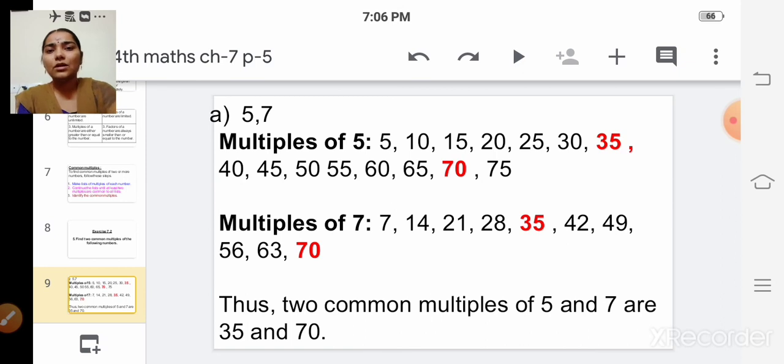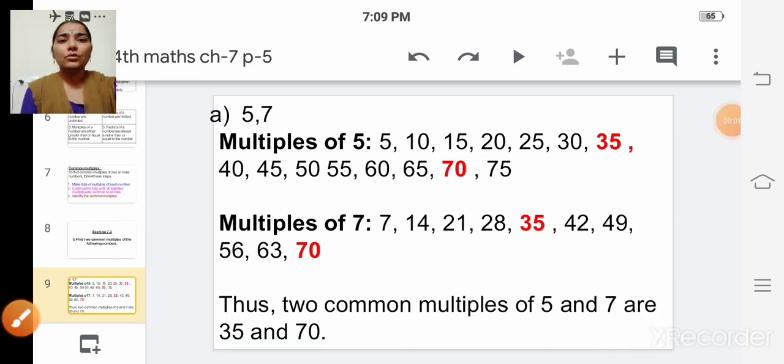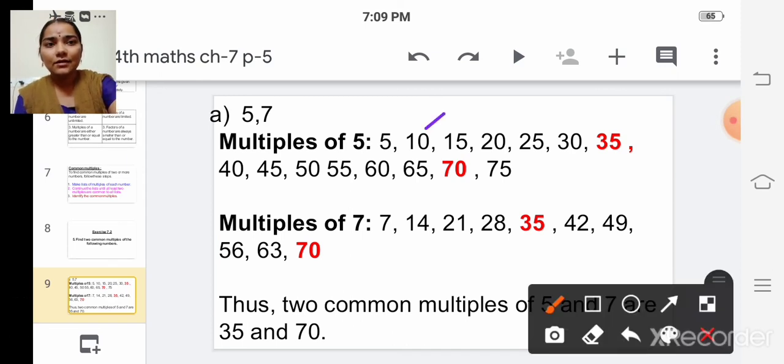So what are the multiples of 5? 5 into 1, 5 into 2 and so on, it will go on. So multiples of 5 are 5 ones are 5, 5 twos are 10, 5 threes are 15, 5 fours are 20, 5 fives are 25, 5 sixes are 30, 5 sevens are 35.